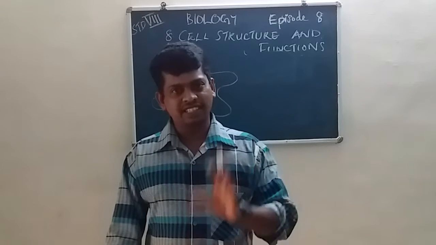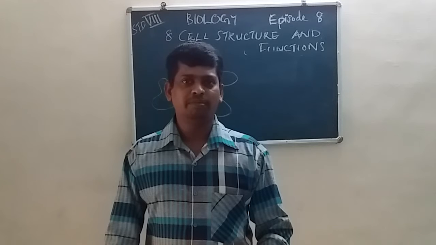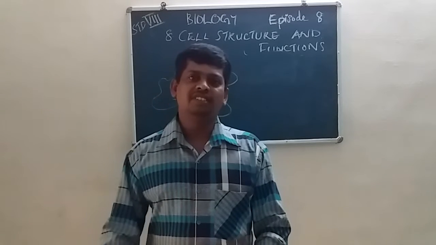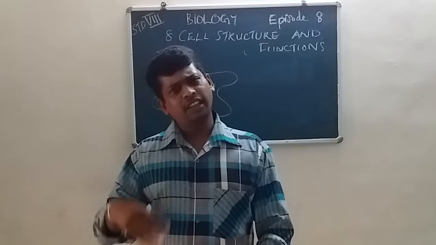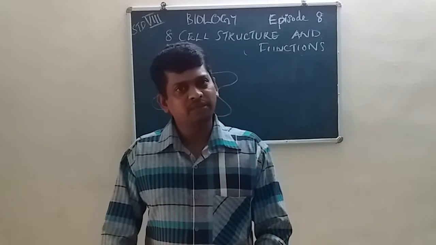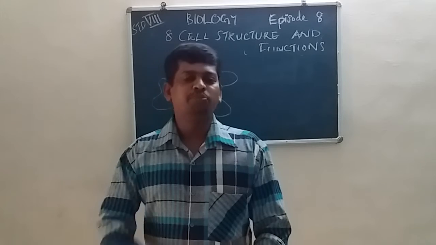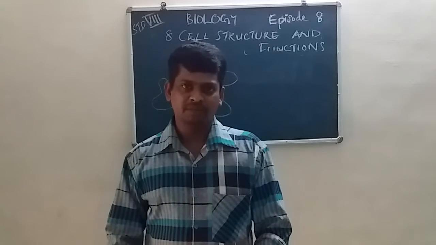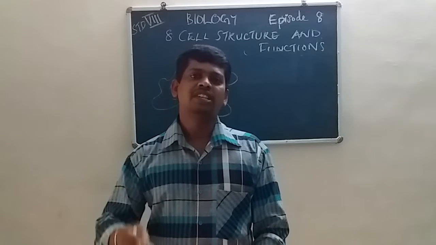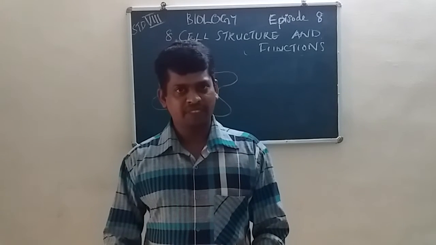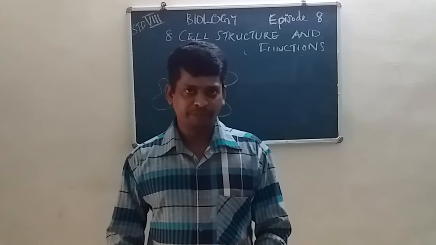WBCs are single cell organisms present in animal blood. What is the function of WBC? To provide the immune system, to provide immune power. That is the main function of WBC.